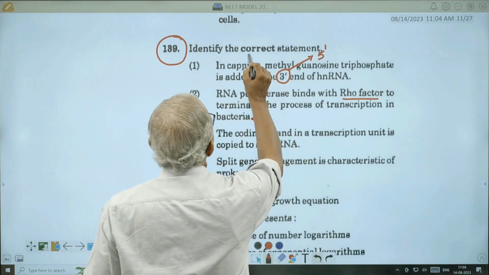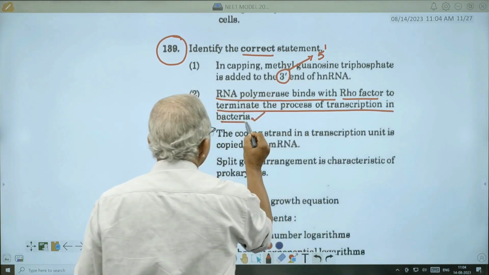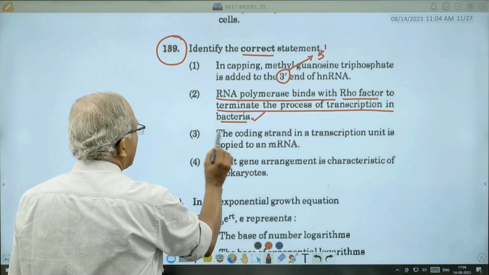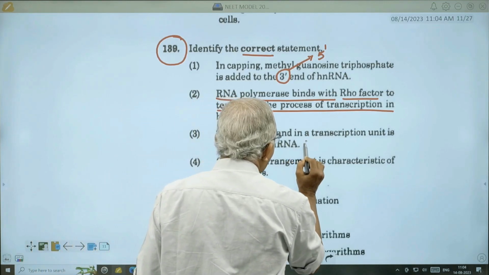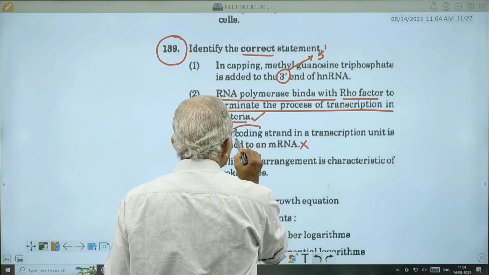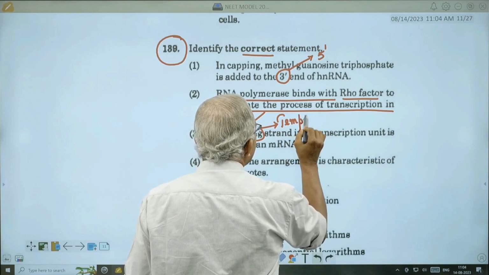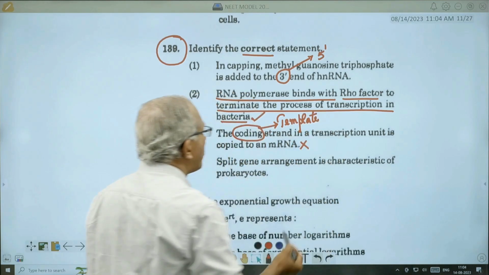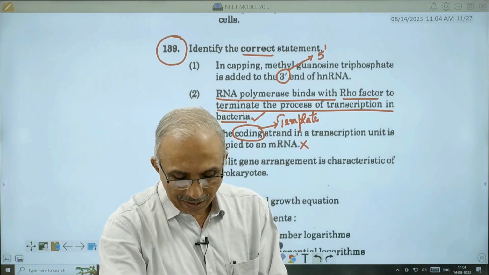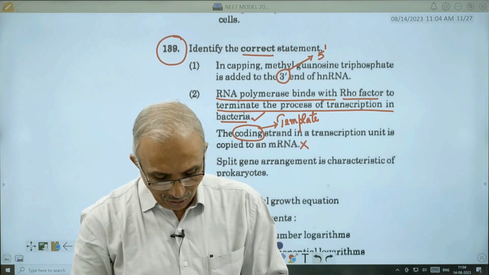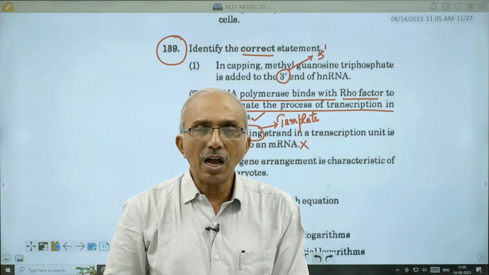We want a correct statement. Next, the coding strand in the transcription unit is copied to mRNA. Wrong. During transcription, the template strand is copied, not the coding strand.